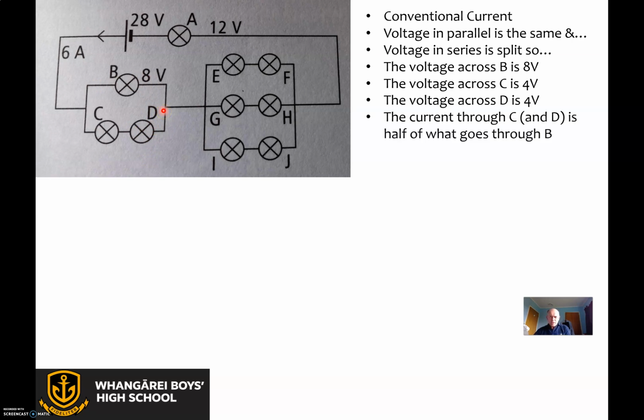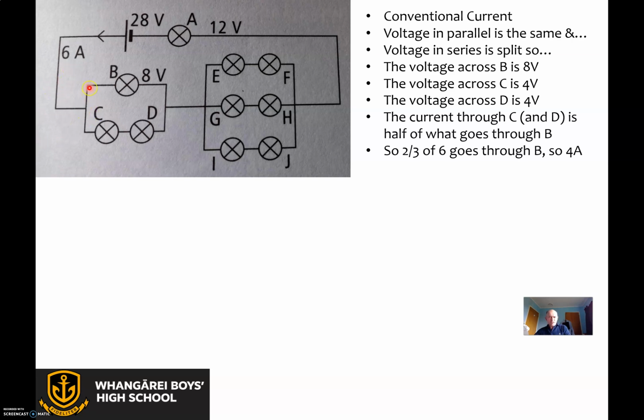Moving along. The current through C and D is half of what goes through B, because it's twice as hard to get electrons through here. And also, if there's only 4 volts across this lamp here, then we're only going to have half the current there. So the 6 amps splits.